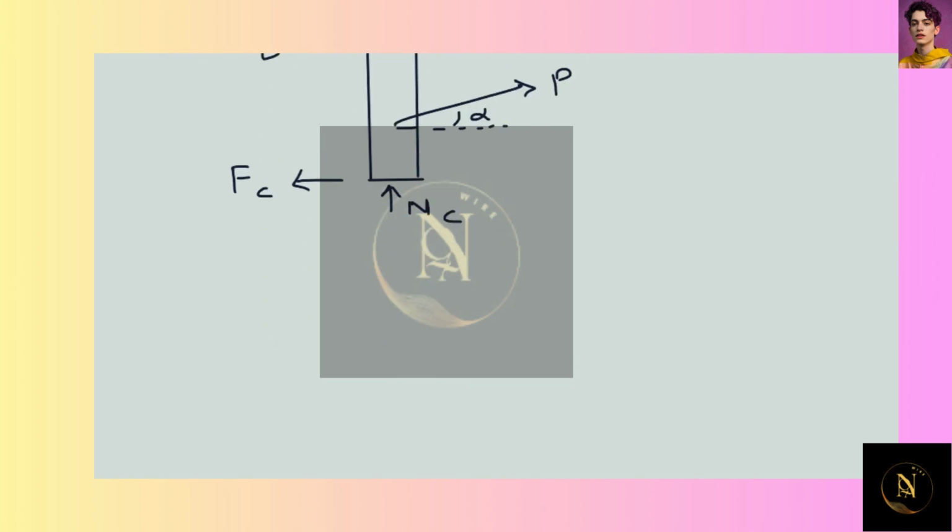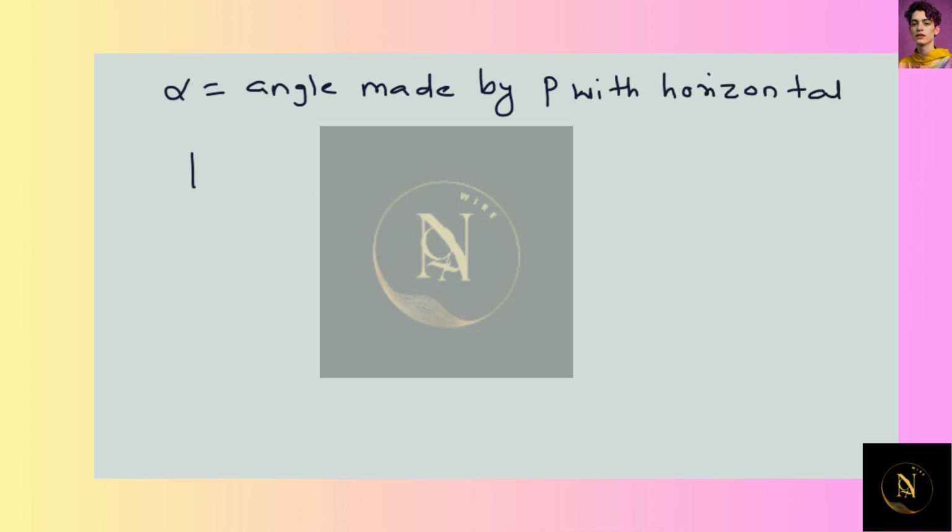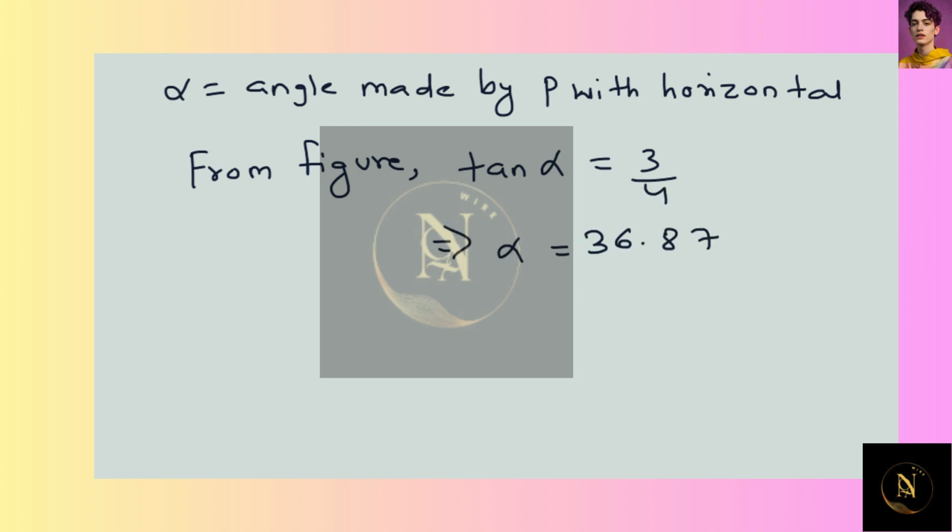Alpha is the angle made by P with the horizontal. From the figure we can write tan alpha is equal to 3 by 4, or alpha is equal to 36.87 degree.